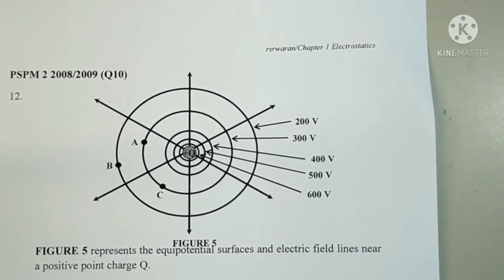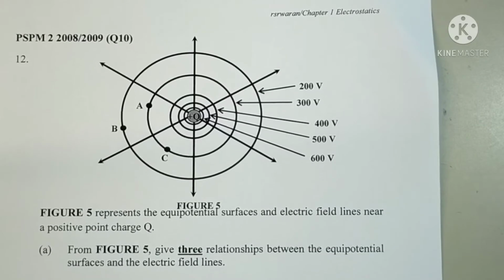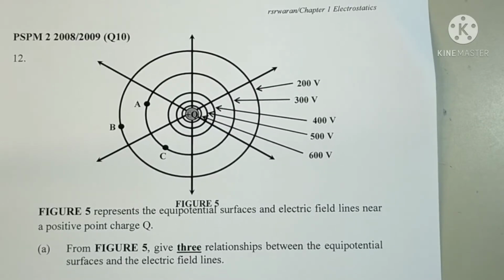Let us attempt PSPM 2 2008-2009 quiz number 10. Figure 5 represents the equipotential surfaces and electric field lines near a positive point charge Q. A. From figure 5, give 3 relationships between the equipotential surfaces and the electric field lines.